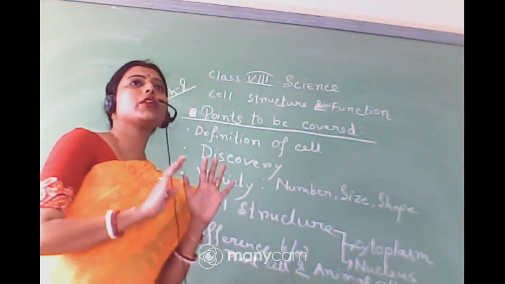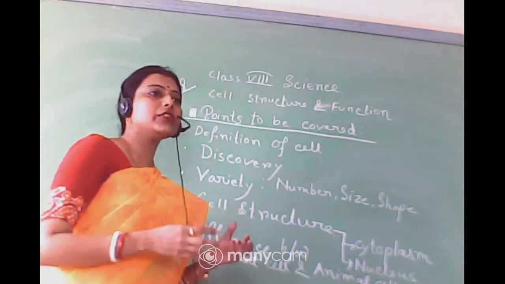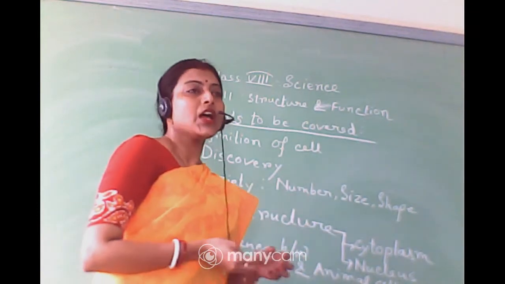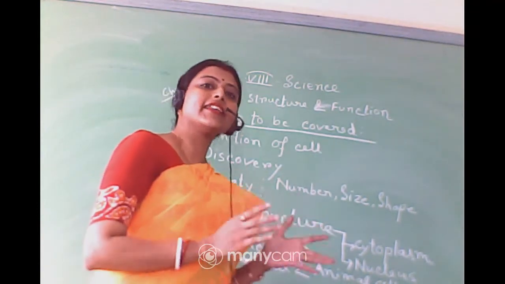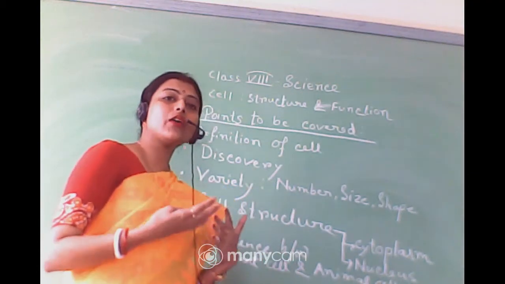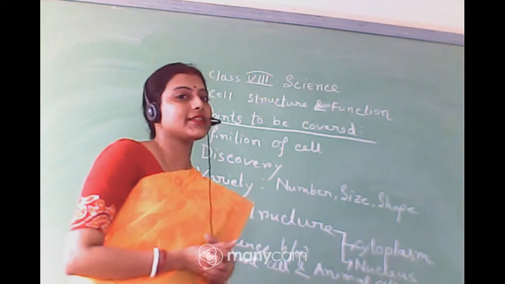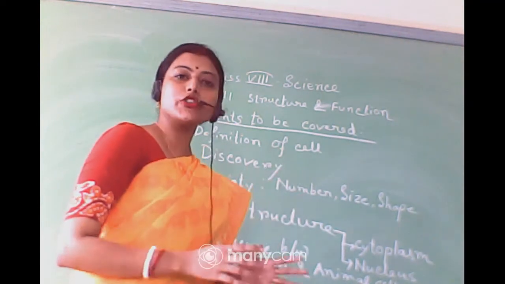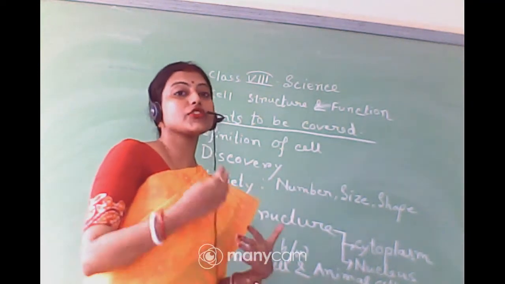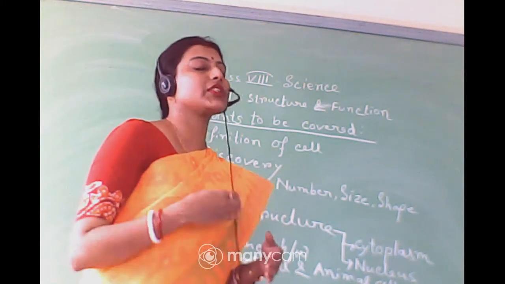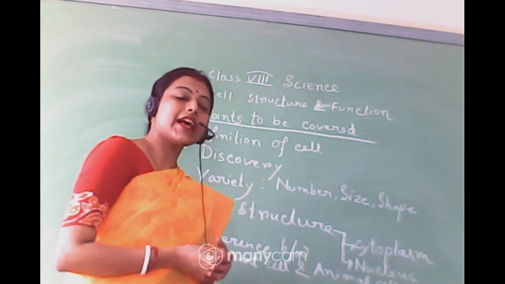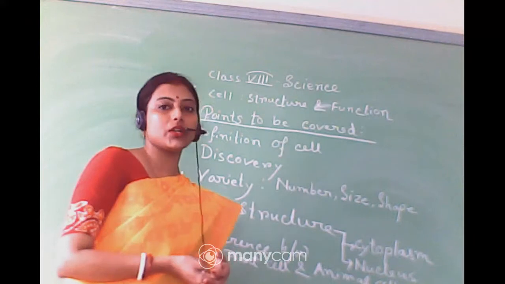They perform the total function of the body with only one cell, and that one cell is enough for them. But in the case of higher order organisms like us, one cell is not enough for performing the total function of the body. That's why structural complexity increases in higher order organisms, and that's why they are known as multicellular organisms.